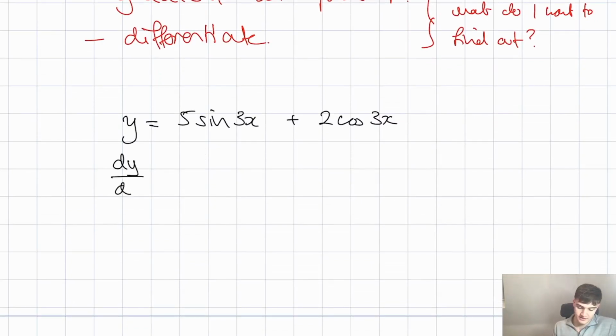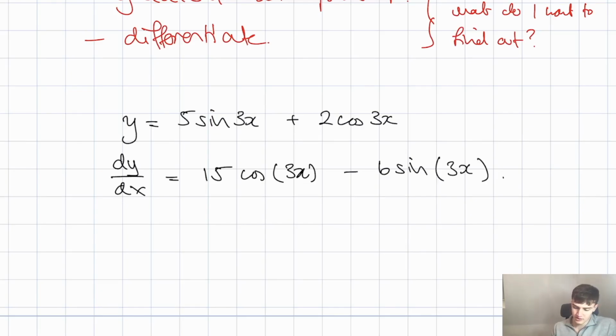We're going to find dy by dx is equal to, so again we just need to use the chain rule here. So I'm going to get 3 times 5, 15 cos of 3x minus 6 sine of 3x. Where I've just had that 3 multiplied by the 2 and the 3 multiplied by the 5 to get these numbers here.